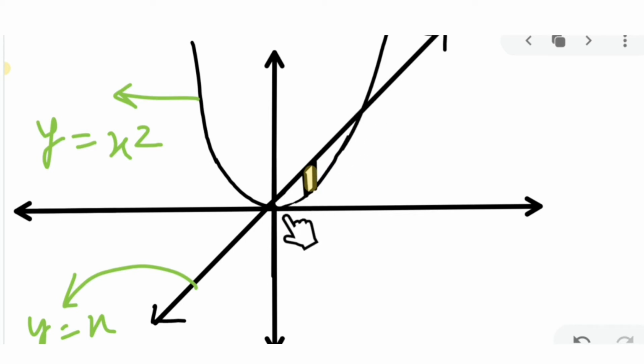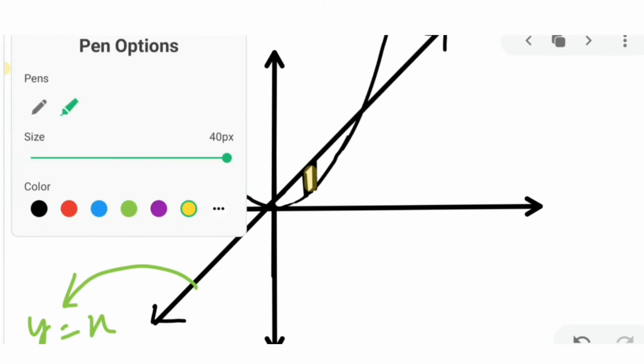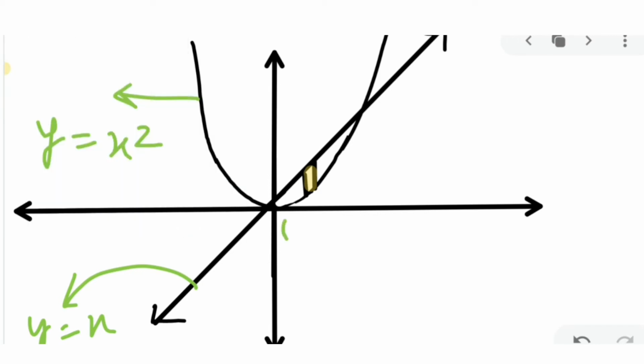From the limits of x we can find out the points here. So this will be 0 to 1. This will be the point 0 comma 0, sorry, and this will be 1, right? Then we need to find out the y.